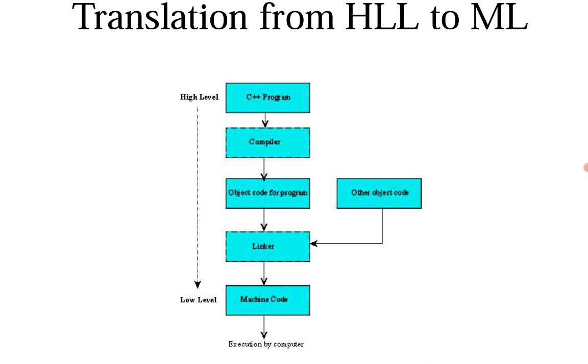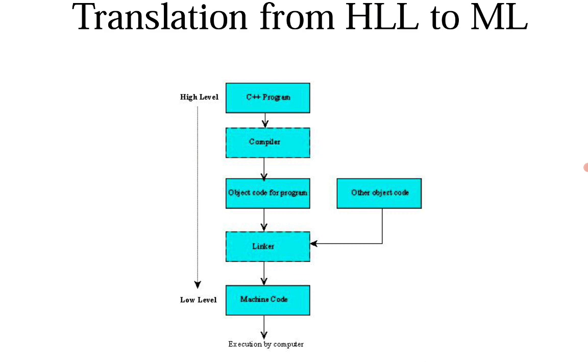So by using linkers, we may simply convert the object code into the corresponding executable code. What is executable code? Executable code is in the form of machine language or binary language. So executable programs are ready to use, to execute or run.